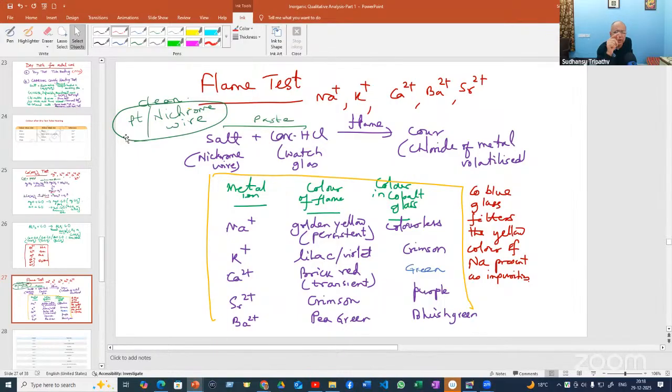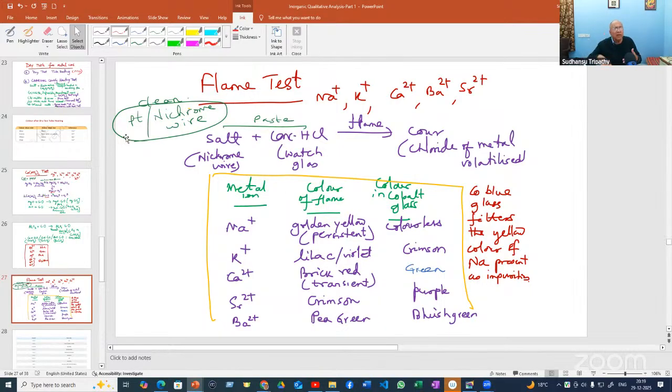Now the platinum wire or nichrome wire, you clean properly by first rubbing it in sandpaper, scratching it in sandpaper, and then putting it in concentrated hydrochloric acid in a watch glass and showing it to the flame. You will find color is coming. Again put it in the acid, color is coming.